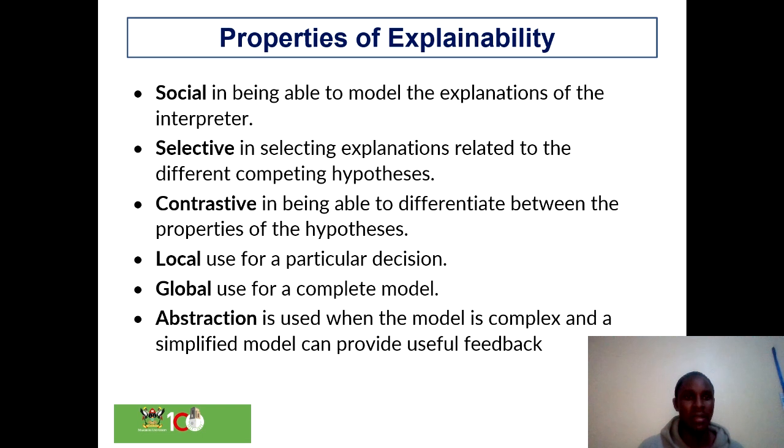So if your model has a number of inputs, you should be able to look at a decision on a particular input. That's in case you have multiple inputs.